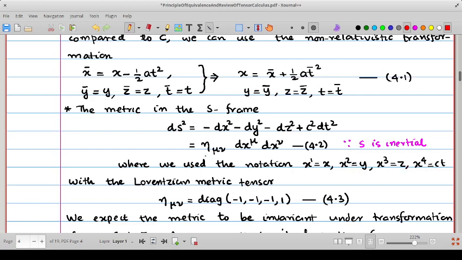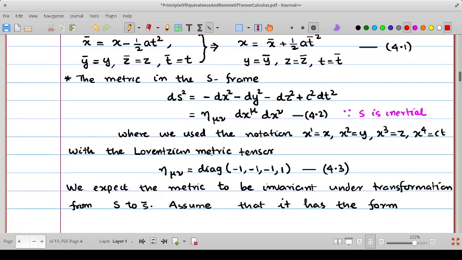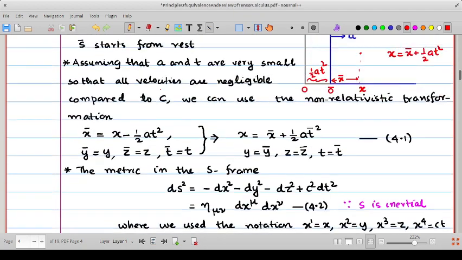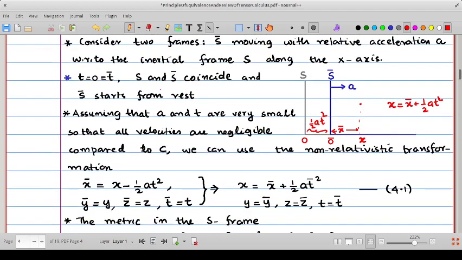In that case, the components of the metric tensor eta are given by the diagonal matrix with diagonal elements minus 1, minus 1, minus 1, and 1. Now this metric or the interval element is expected to be invariant under this transformation, because it should be the same for all observers, an observer in the frame S bar and in the frame S.